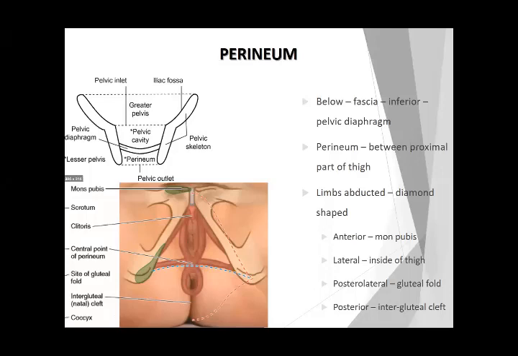So today we start with the perineum, one of the last topics that we have in the pelvis, abdomen, pelvis, the entire region. The perineum is the area below the pelvic diaphragm. This was the pelvic diaphragm made up of levator ani and coccygeus.